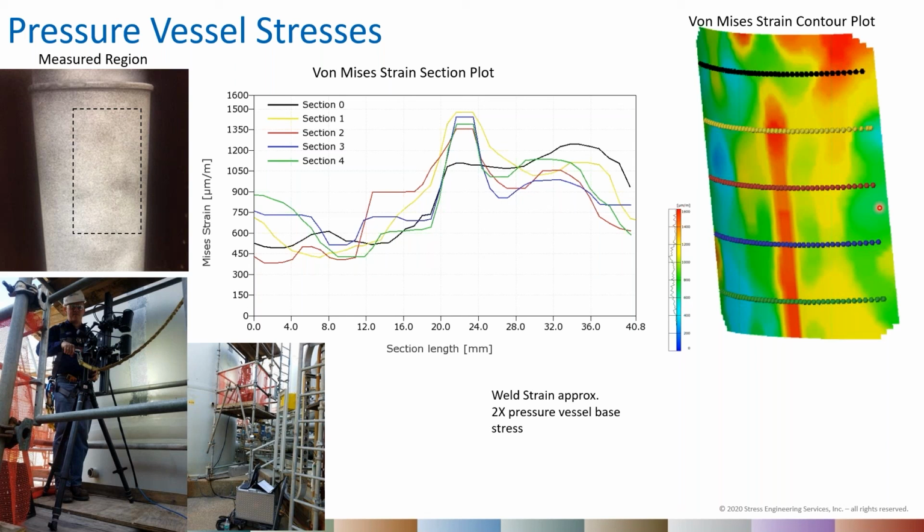So we actually went out to a refinery and looked at some pressure absorption vessels and were able to measure the strain concentration due to the welds on these large pressure vessels and use that to get a better understanding of what the fatigue life prediction models should actually be factoring in for these strains.